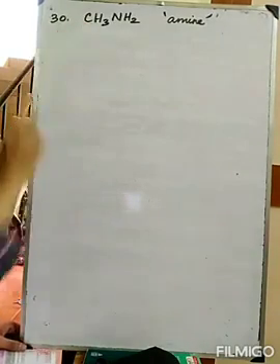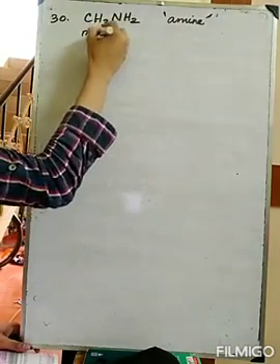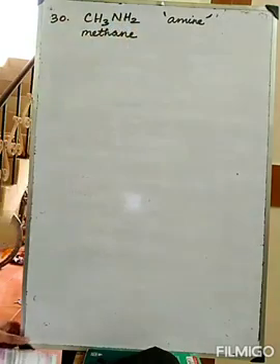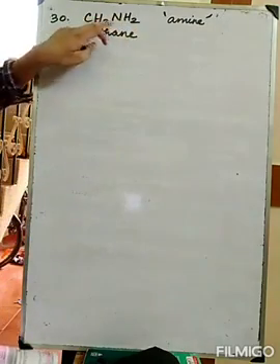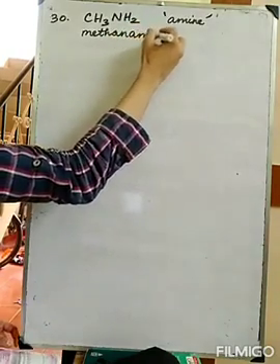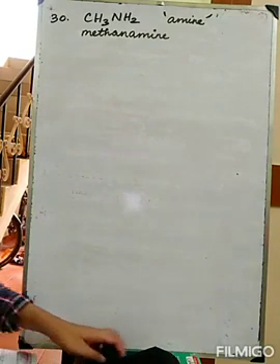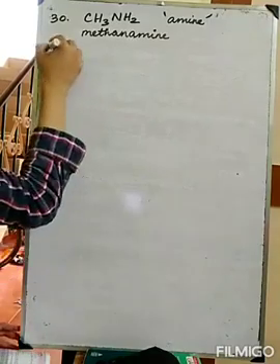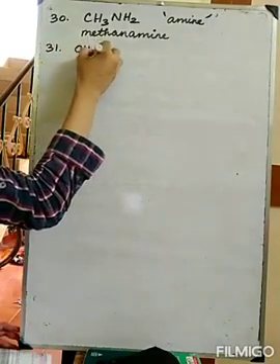Now how many carbons are there? 1 carbon. 1 carbon means it is meth. Single bond is present, so a. But since it is an amine group, instead of this E, you should write the suffix amine. So what is the name of this compound? Methanamine.